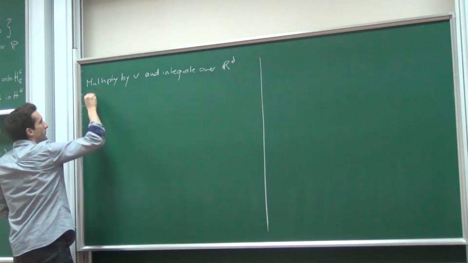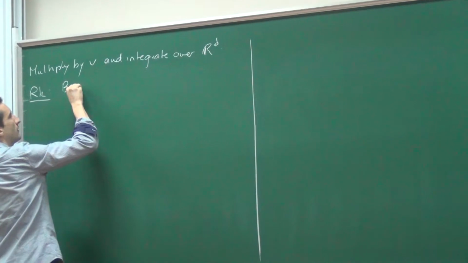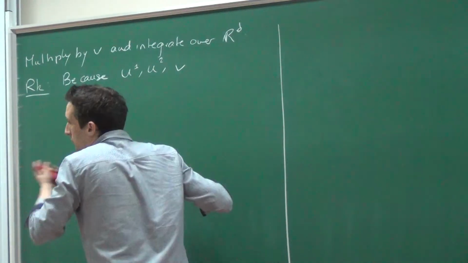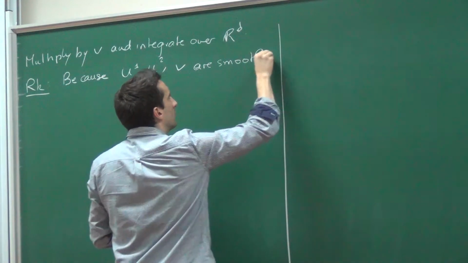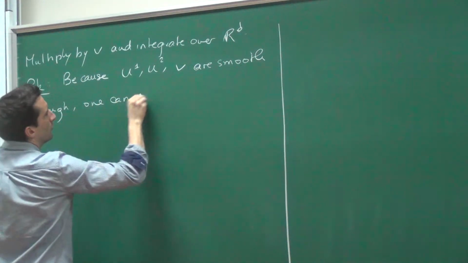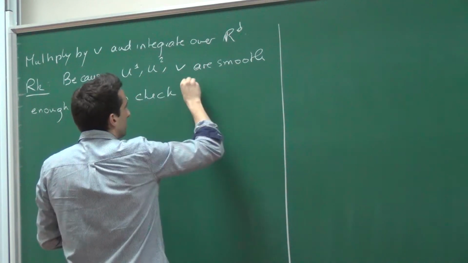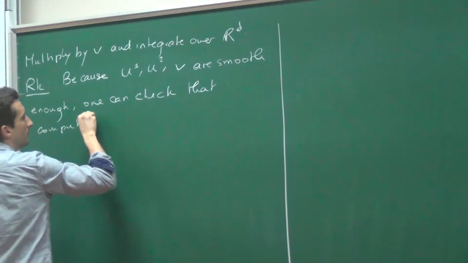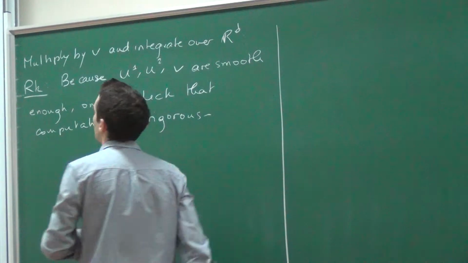That's a little remark. As U1, U2, and V, which is the difference, are smooth enough, one can check that all computations are rigorous. There is nothing tricky here because we have enough smoothness, enough decay.